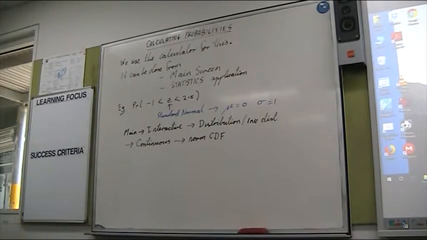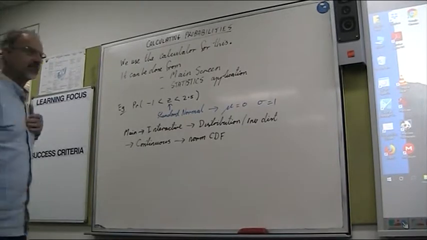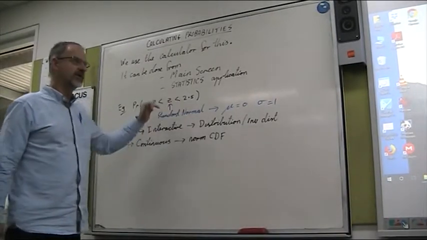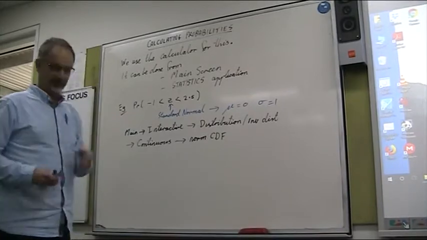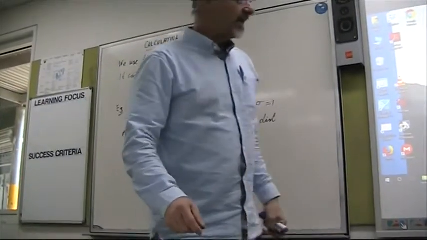The C stands for cumulative, the normal cumulative distribution function. And so we use that when we want to find between some things. So we click on that.